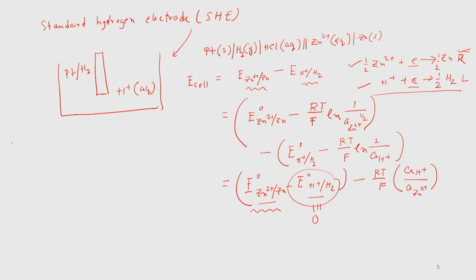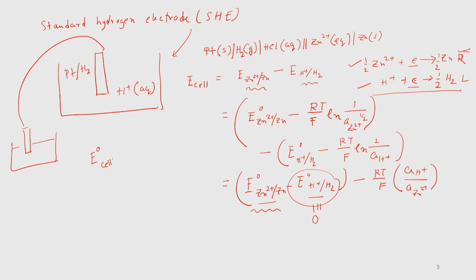So, if you want to measure any metal or any cell's reduction potential, what you have to do is just couple it to the standard hydrogen electrode and then measure the E at standard condition, which means it is E0, and that is the E0 of the cell.